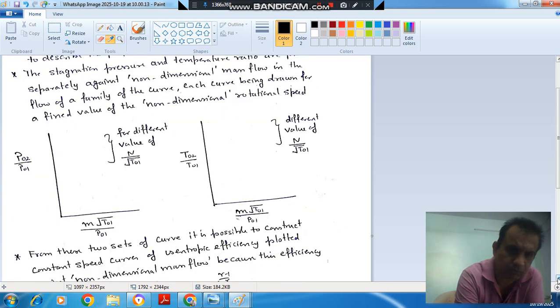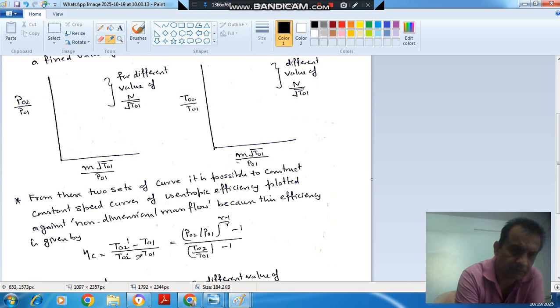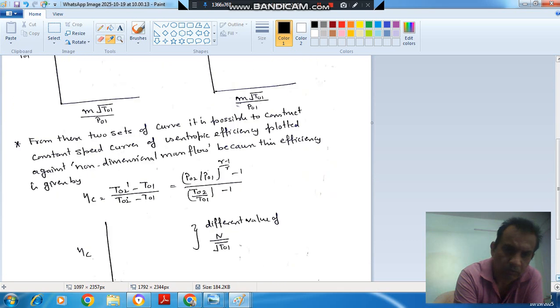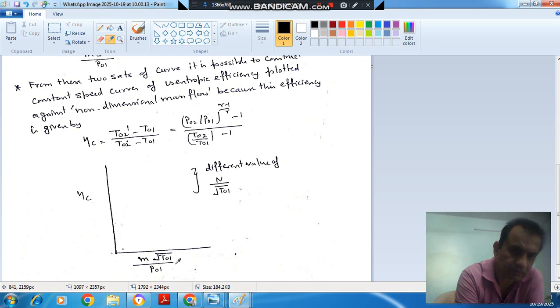And then using the isentropic efficiency relationship, T02 dash minus T01 divided by T02 minus T01, we will have the relationship between efficiency, pressure ratio and temperature ratio. So from these two diagrams we can plot the graph between efficiency and non-dimensional mass flow rate for different values of speed.